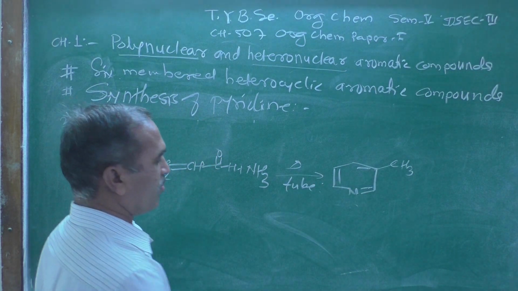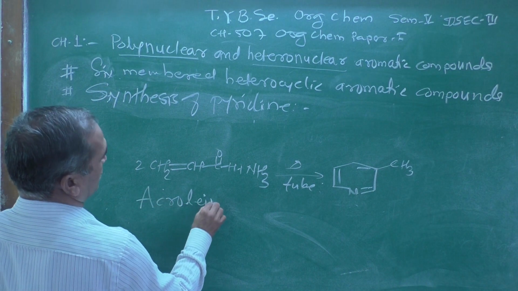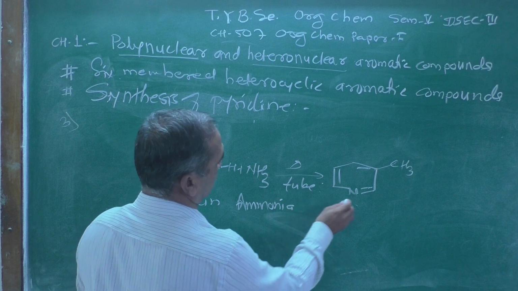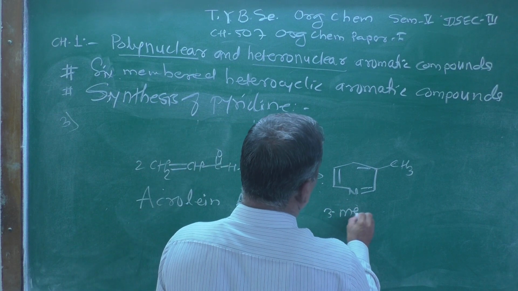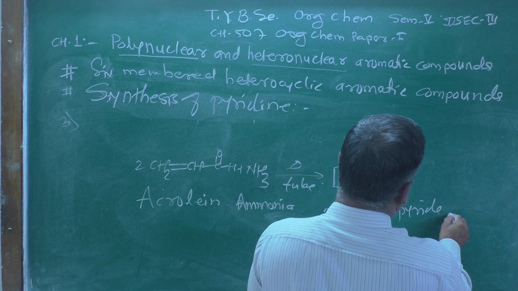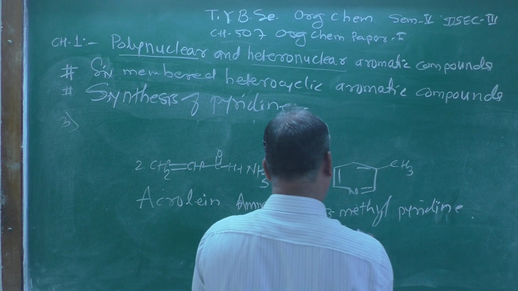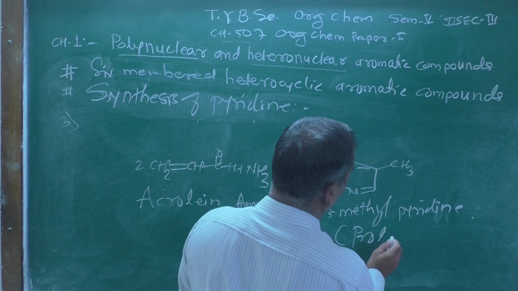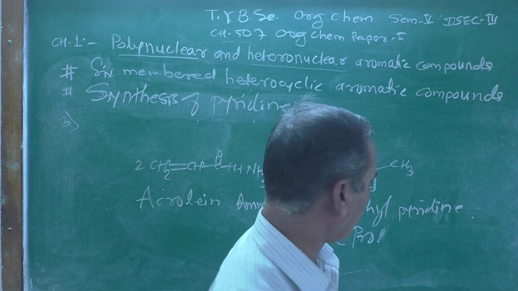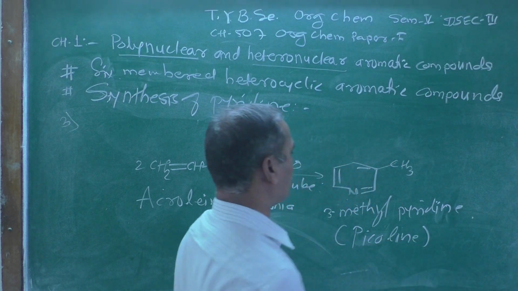The resulting compound formed is known as, the starting material is taken as acrolein, and this is ammonia, and this one we are getting as 3-methyl pyridine, and the common name of this compound is picoline.